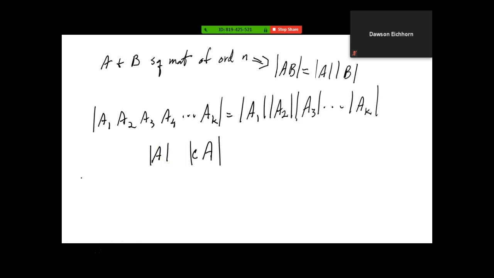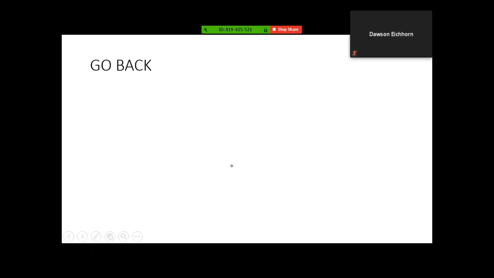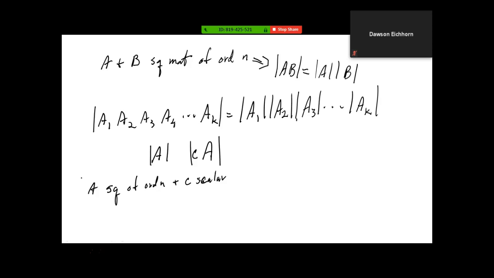Well, here's what that theorem says. If A is a square matrix, which of course it has to be, otherwise you can't take a determinant, of order n, and C is any scalar in the world, even 0, but 0 wouldn't be very interesting, then the determinant of this thing right here, C times A.